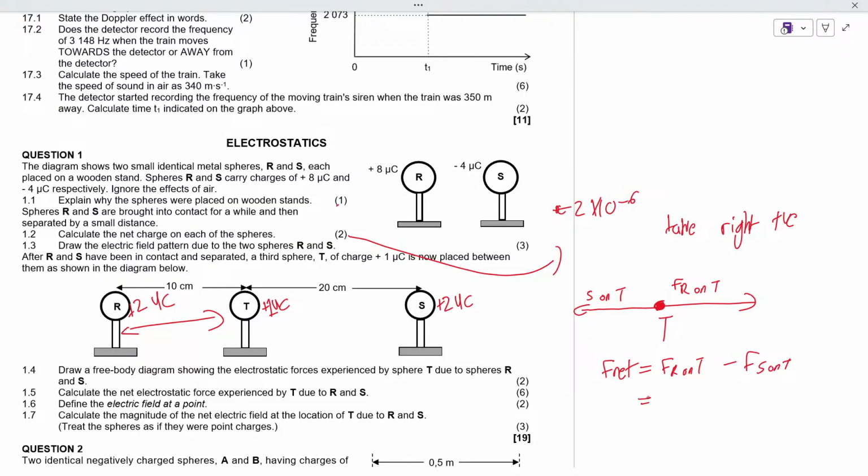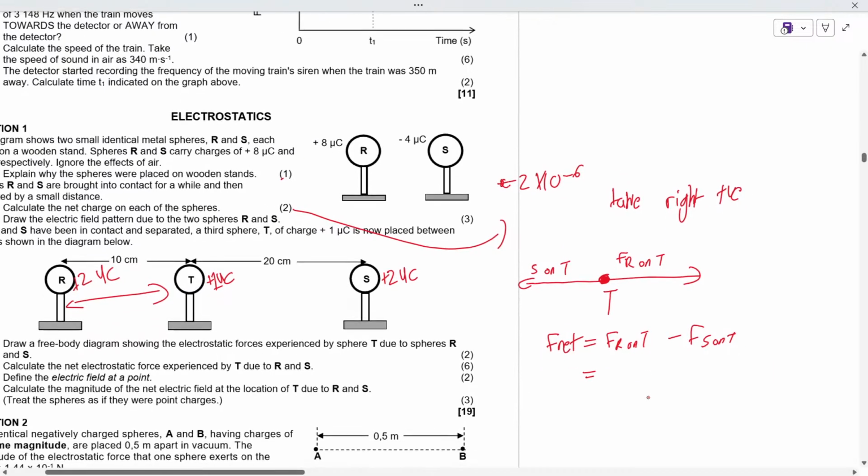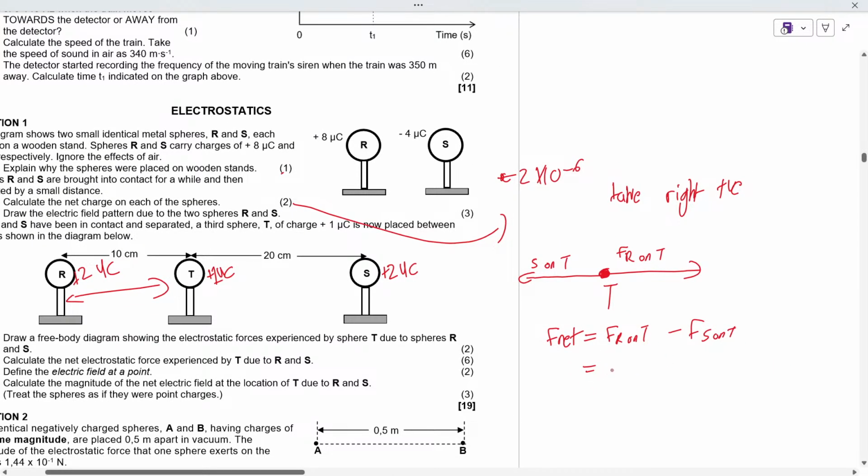And then we just come in here and say kQ_R Q_T over r squared minus kQ_S Q_T over r squared.